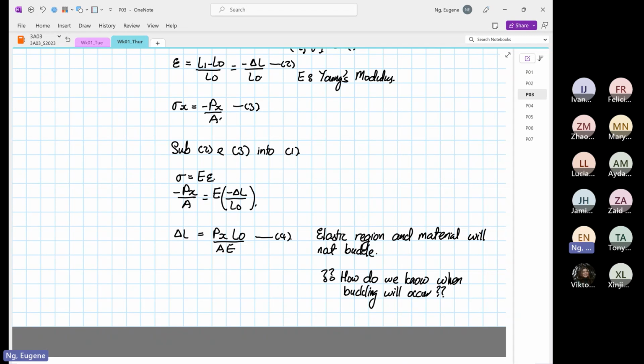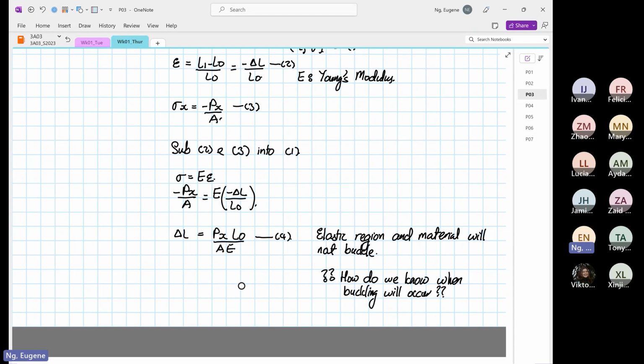You go through compression, then how do you know buckling will or will not occur? But let's focus on this equation first. Let's focus on equation number 4 first, the equation where buckling will not occur.